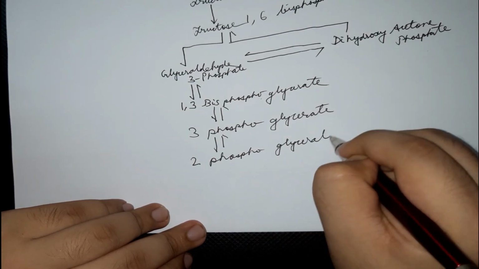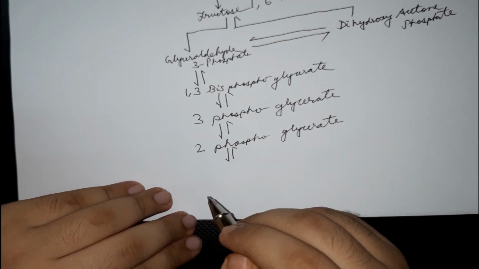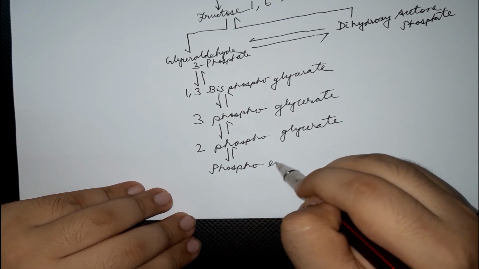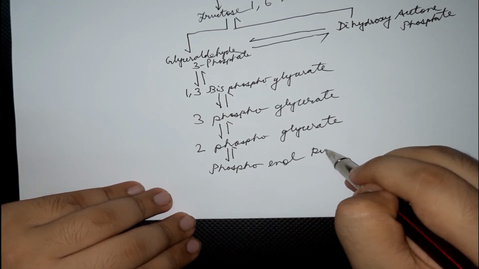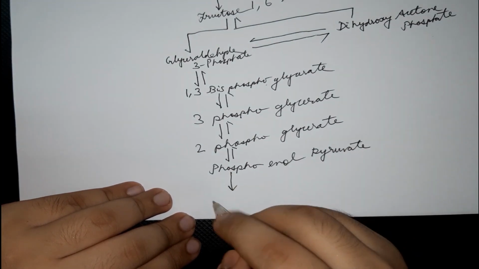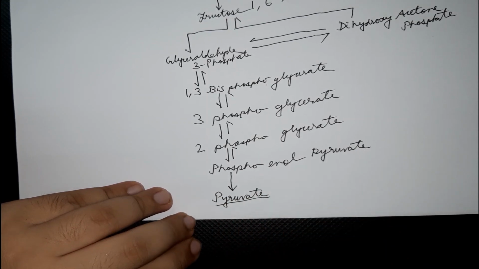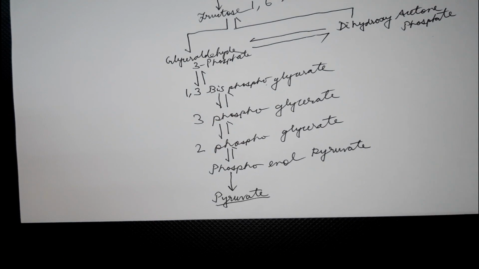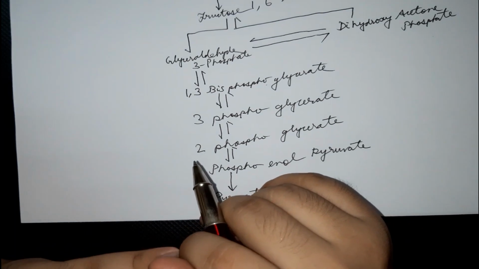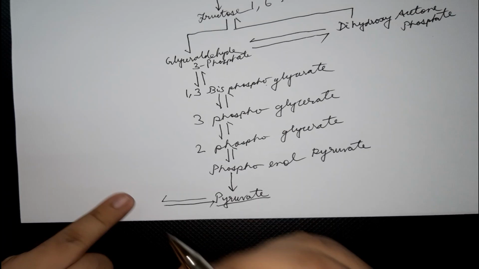Okay, 2-phosphoglycerate will be converted in turn into phosphoenol pyruvate. Phosphoenol pyruvate will be converted into pyruvate, and pyruvate is the end product of glycolysis. However, if this is an anaerobic condition, then pyruvate in turn will also be converted into lactate.